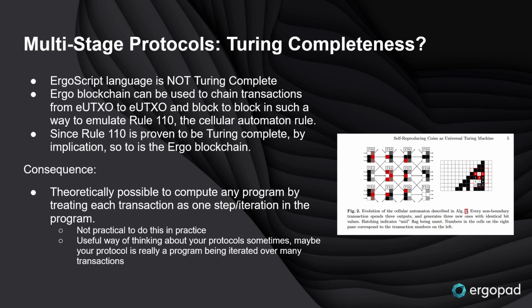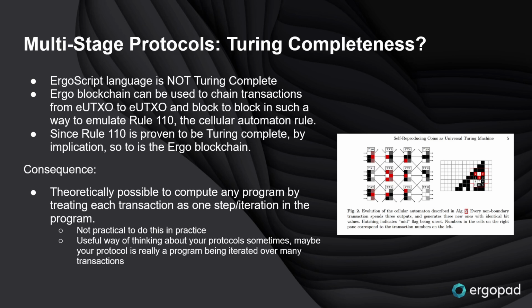We can use this property to emulate a cellular automaton rule called Rule 110, which defines how to update the next iterations of the cells based on the neighboring cells.